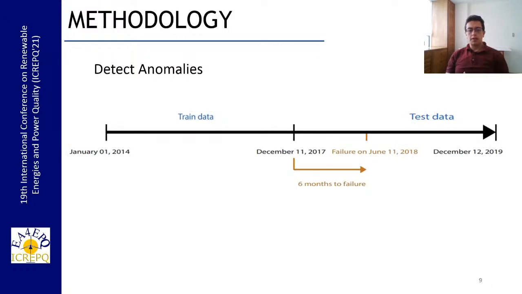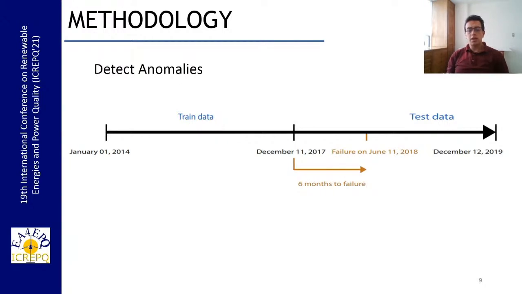Let's talk about our SCADA data. We have a lot of data from January 1, 2014 to December 12, 2019. This is a lot of data recorded every 10 minutes. And we split this data into parts. The first one is the training data, which contains only healthy, normal behavior.